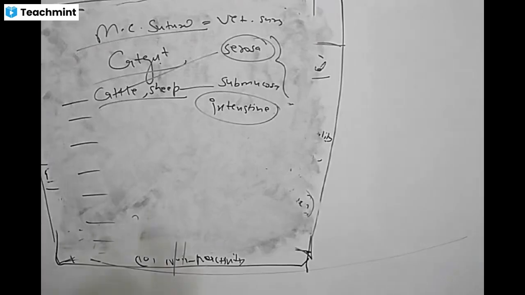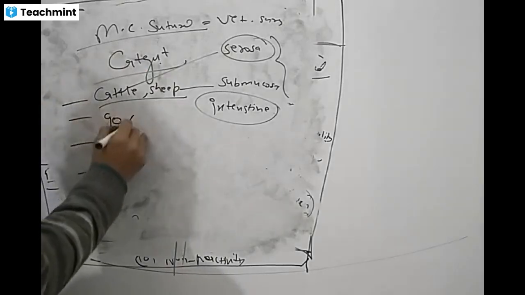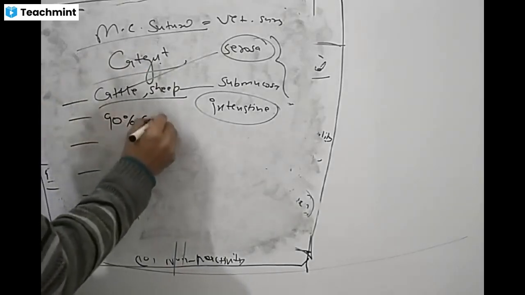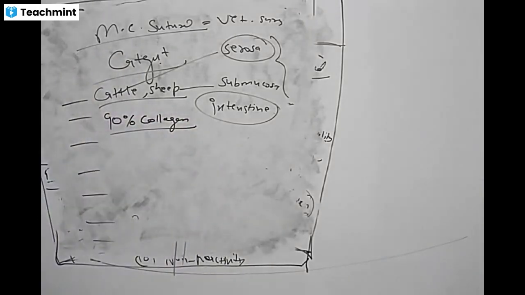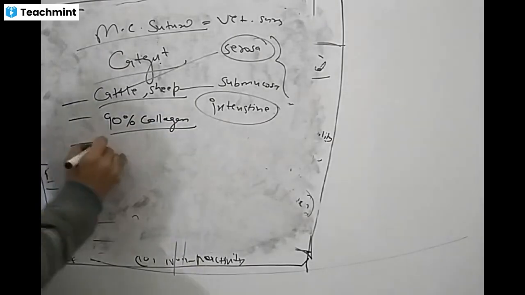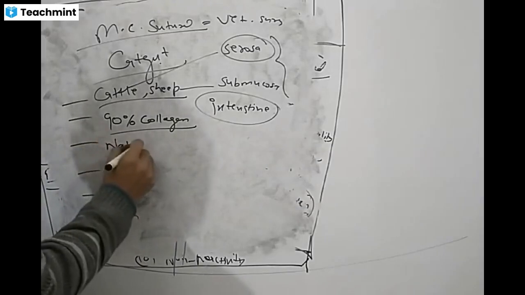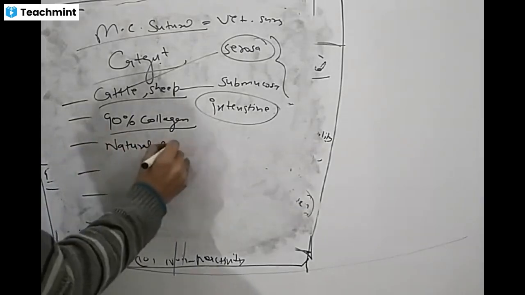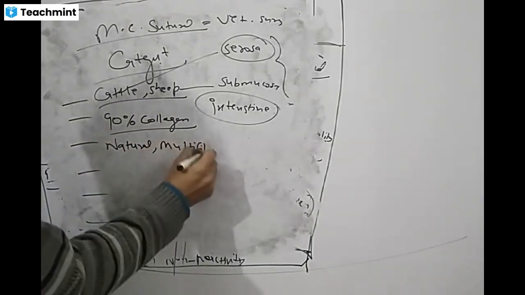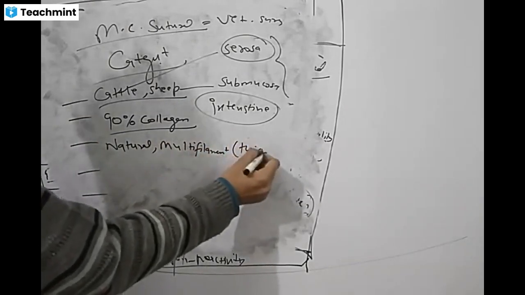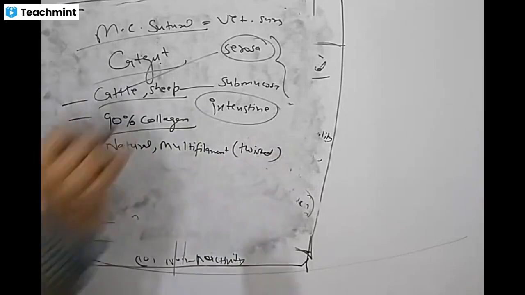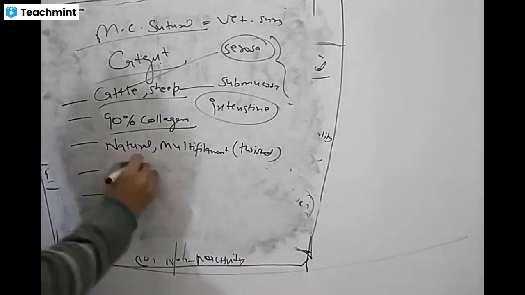Second thing, what is catgut? It is nothing but 90% collagen material. And the more important thing about catgut is the classification type. It is natural, multifilament, twisted, and it is absorbable.